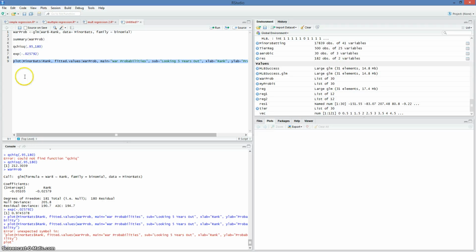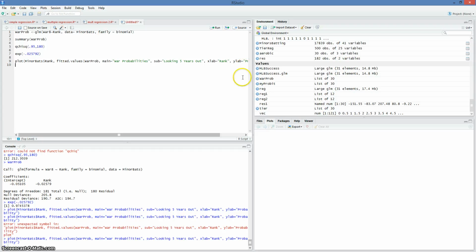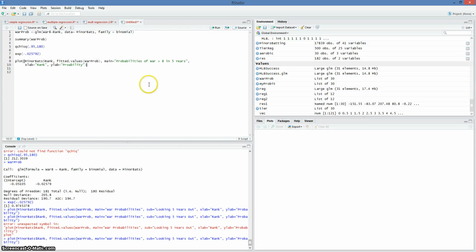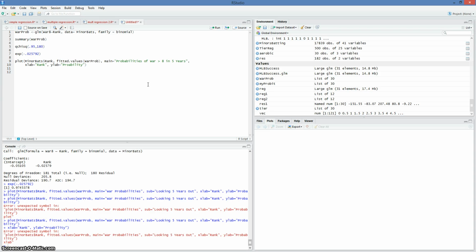Unexpected symbol, of course. And I'm not sure why. Unexpected symbol. Did I spell WAR probability right?